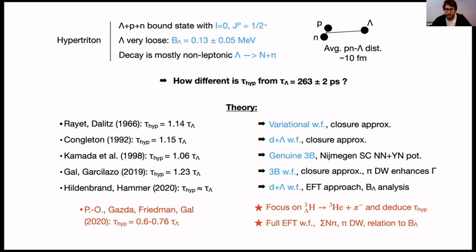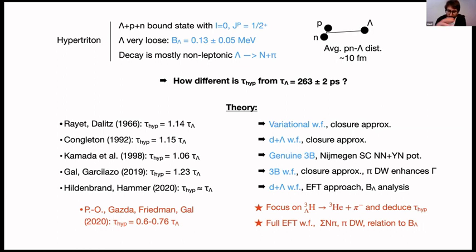We focus on this two-body partial decay rate, that to helium-3 and pi minus, and from that we deduce the total lifetime. I will very shortly explain how we do that. Since we focus on this partial decay rate, this allows us to do this calculation much more thoroughly.